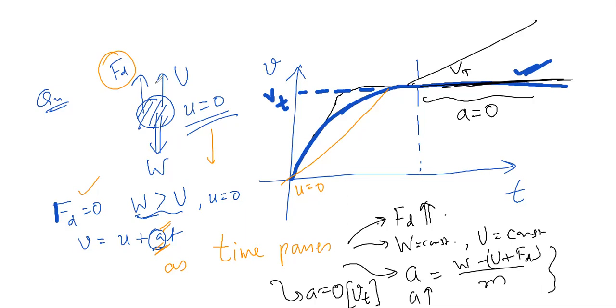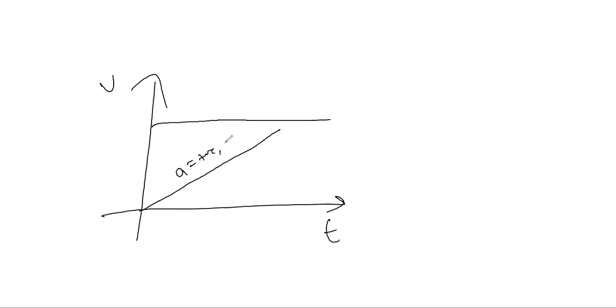We know that the velocity time graph goes like this. This is V, this is T. Then for constant velocity, we will write like this. If acceleration is positive and constant, then we will draw the graph like this. Also, we will draw the graph like this when acceleration is negative but constant.